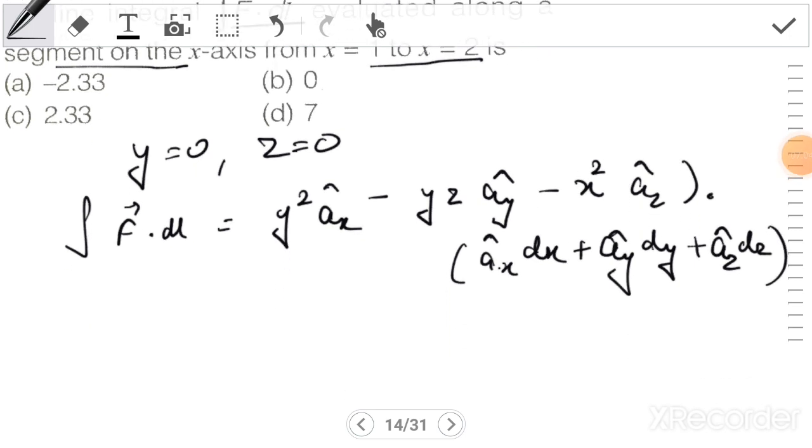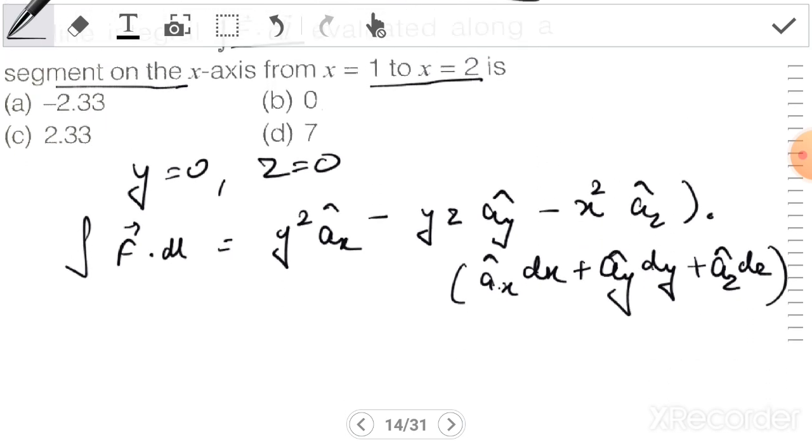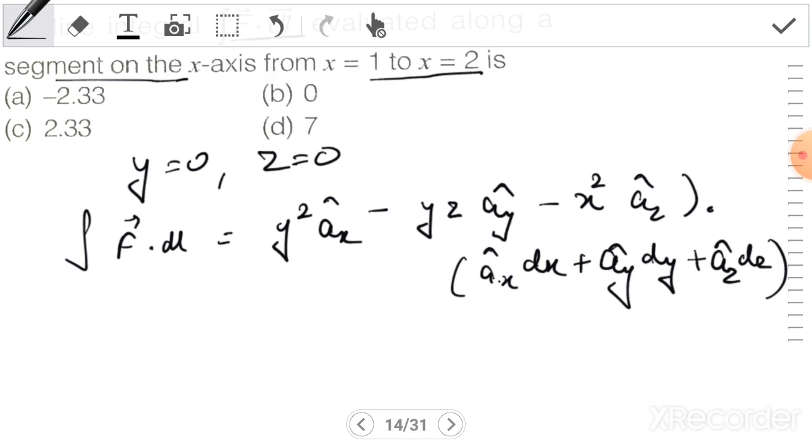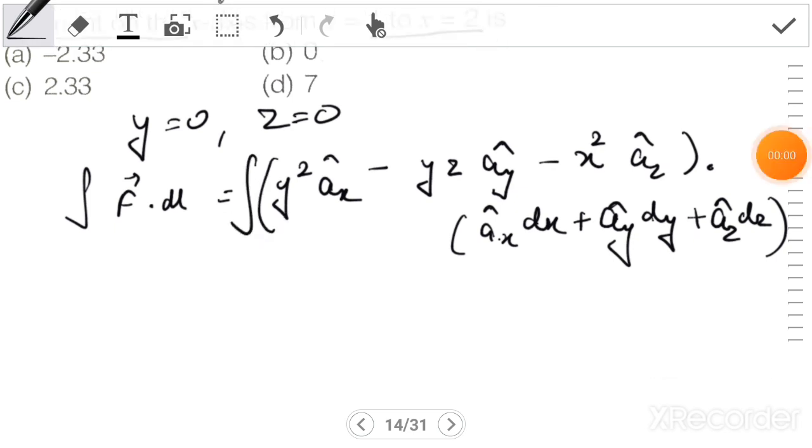Okay, so now again y square x, sorry, it is y square x here.